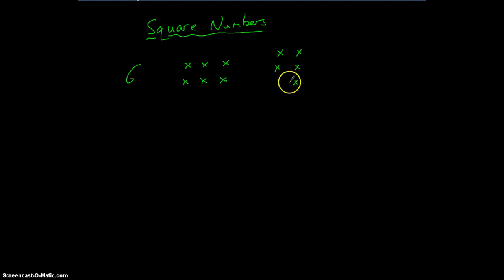It just can't be done. But it can if you have 9 crosses, where 9 crosses can be written like that. And from that we can see that 9 is 3 times 3, or in shorthand, in index form, is 3 squared.